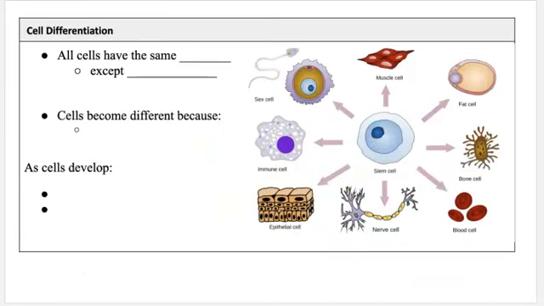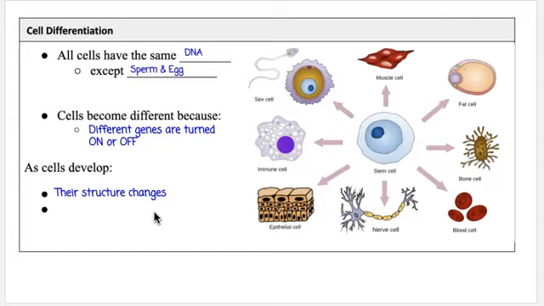So cells getting their special job is called cell differentiation. All cells in your body have the same DNA except for the sperm and egg cells. But cells become different because genes are turned on or off in the process called cell differentiation.